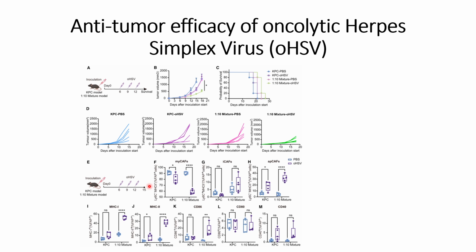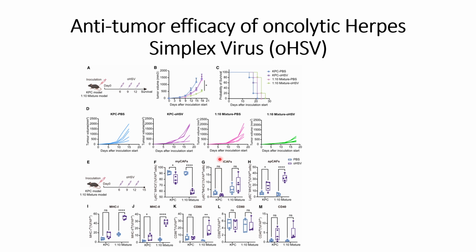What they found is that in both cases, the KPC case and the 1:10 mixture case, the myofibroblast CAFs go down, and myofibroblasts have immunosuppressive properties. They go down in the KPC model, but they go down even further in the 1:10 mixture model. So this could be the reason that the oHSV is more active in the 1:10 mixture model.